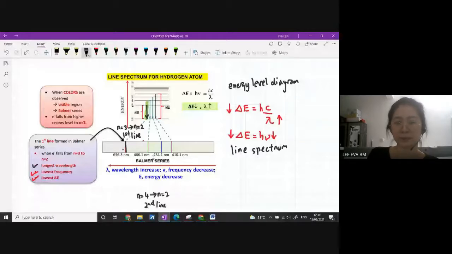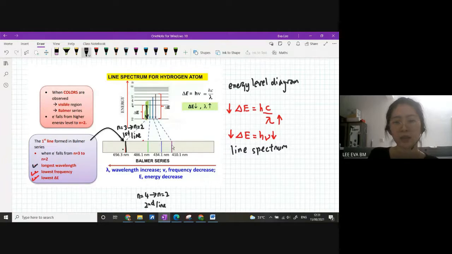For the second line here, and for the third line, you will see that for the first line the wavelength is longest, so you will see a big spacing. The further the transitions, the closer the lines get. For the second line, it is closer because the wavelength becomes smaller, shorter. The third line also gets closer because the wavelength is getting smaller.